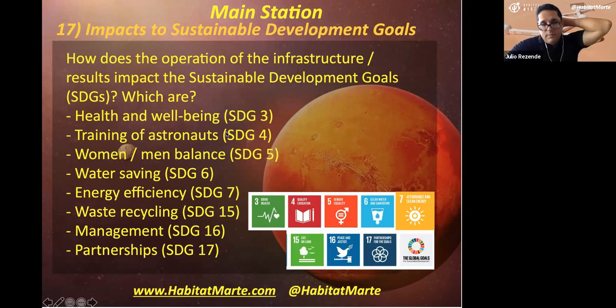The last part of my presentation, the last slide, is about some reflections on how the Sustainable Development Goals will be impacted. In this case, we imagine that the discussion about the main station would have an impact related to health and well-being. Also, this is related to goal 3.